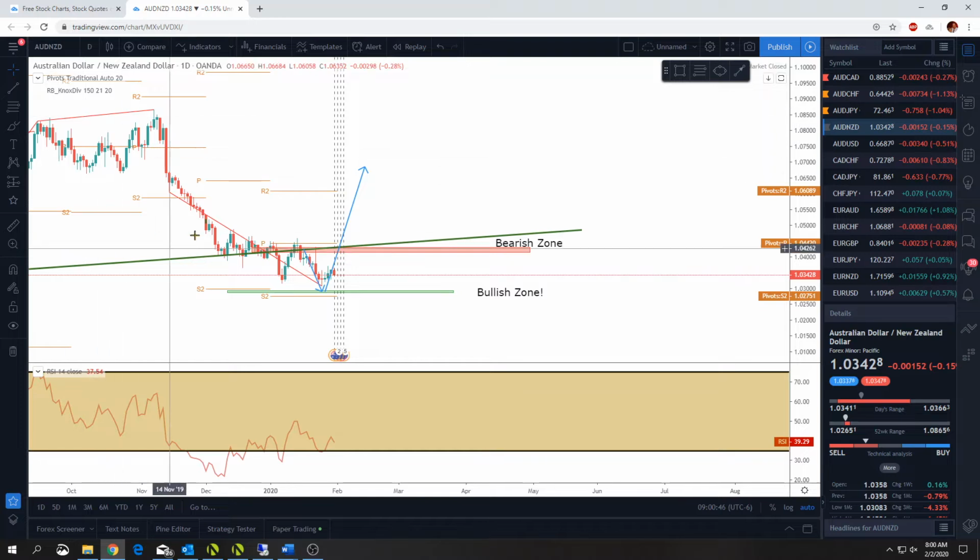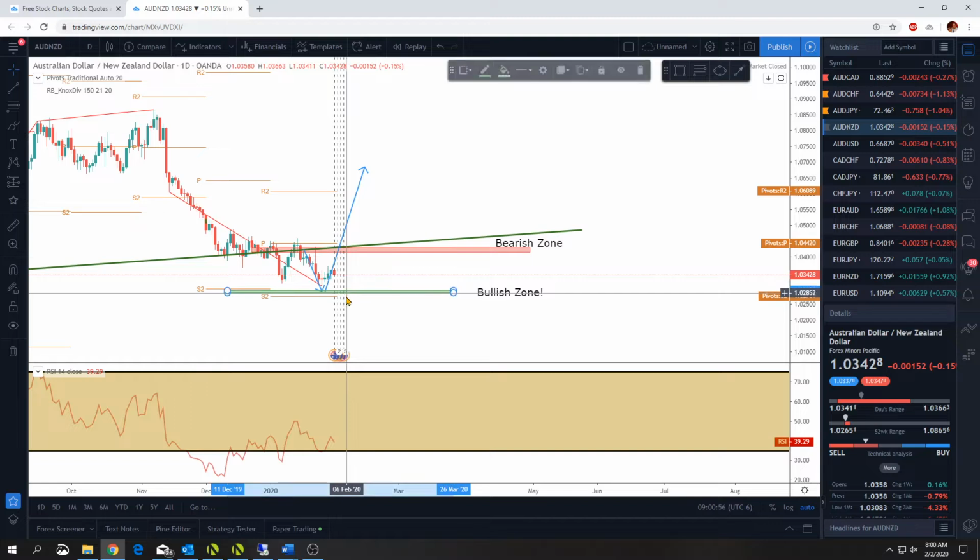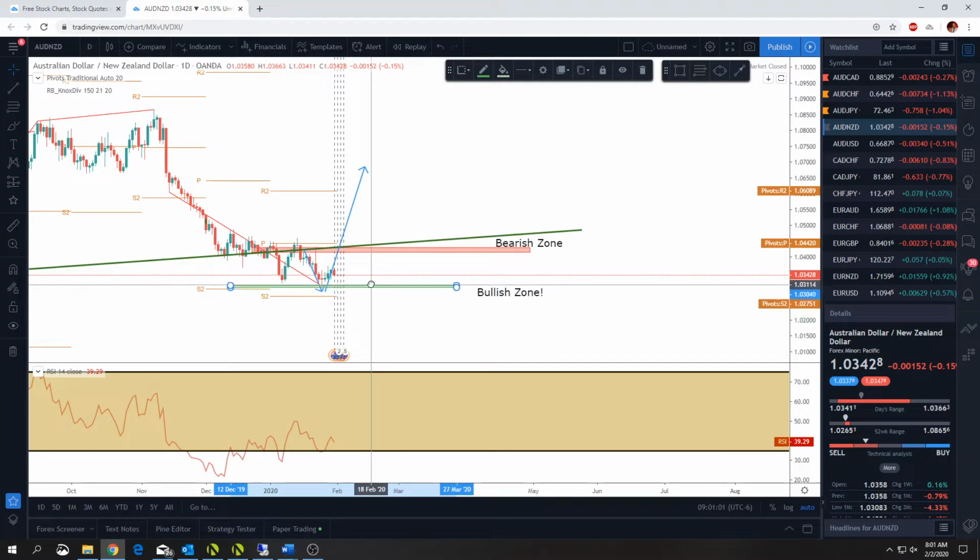So as you can see here, we're predicting this drop. We were predicting this bounce. We didn't quite get all the way down, so let's be patient. Let's let price get down to this level and see if we're going to get that strength in the Australian dollar and bounce.